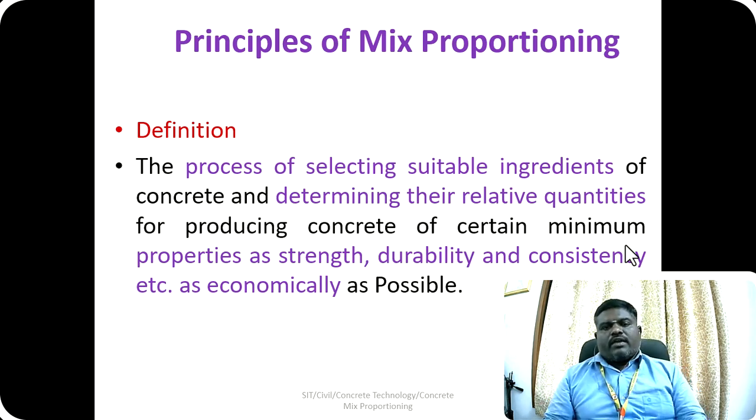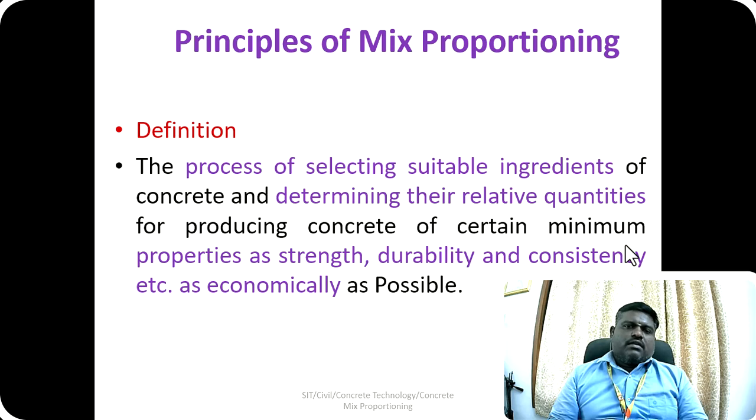In a proper way, if you want to define concrete mix proportioning, then we can say it like this: the process of selecting suitable ingredients of concrete and determining the relative quantities for producing concrete of certain minimum properties such as strength, durability and consistency, as well as economically also.